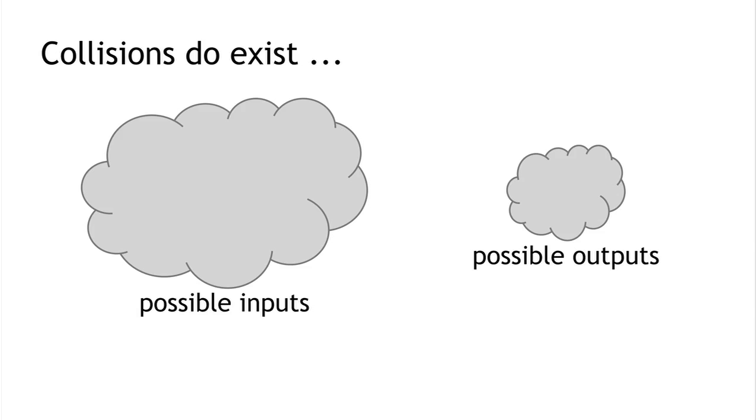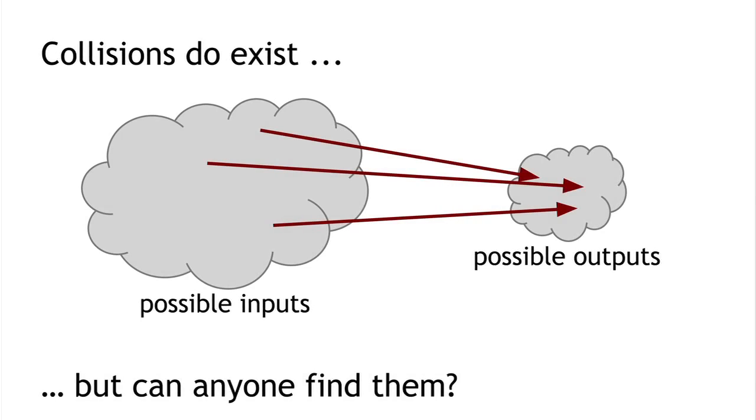So the right-hand side here, the outputs, there are only 2 to the 256 possibilities. Over here, there are more possibilities. And so if you think that every point over here on the left is going to be mapped by an arrow to some point on the right, you can see that as you go from all the points over here on the left into the right, it has to get crowded, and in fact, that there have to be multiple values over here on the left that map to the same output over here.